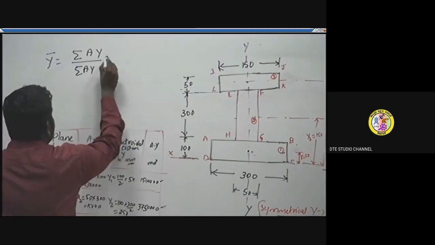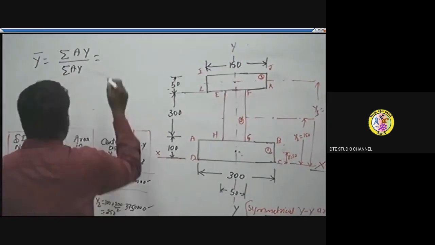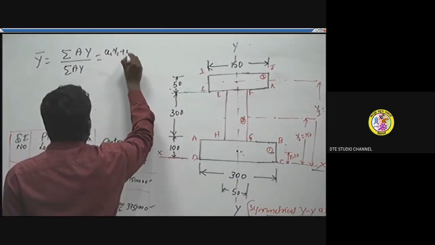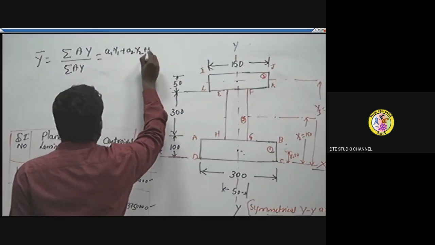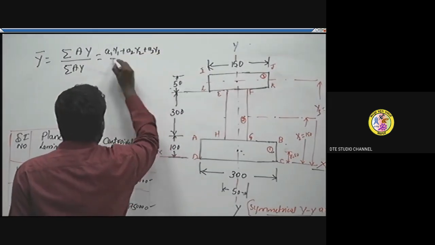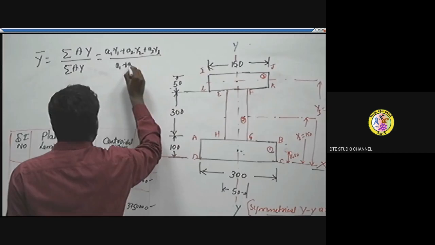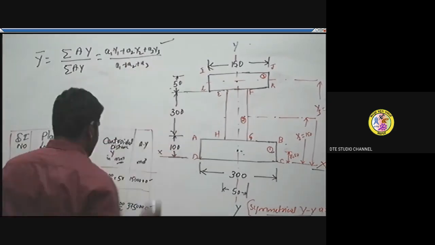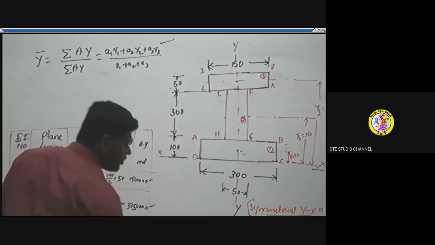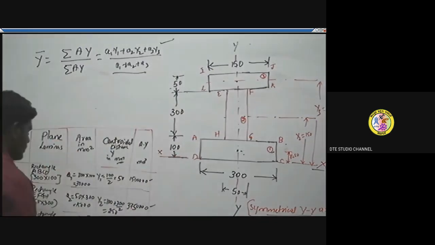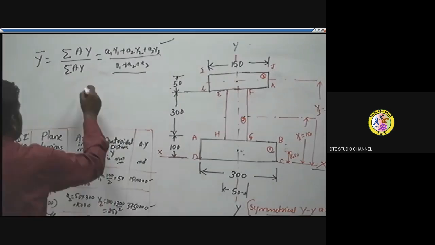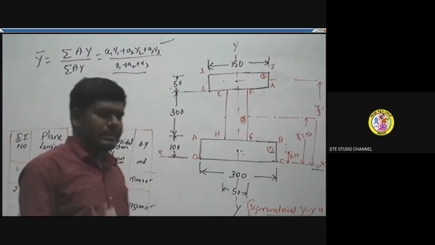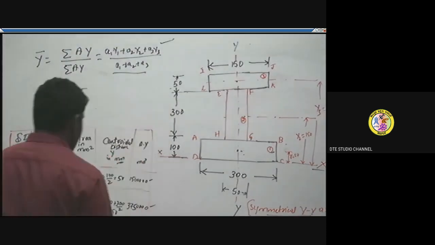So in simple words, A1 into Y1 plus A2 into Y2 plus A3 into Y3 upon A1 plus A2 plus A3. So this value A1 Y1 plus A2 Y2 plus A3 Y3 is done here, and then the total area is calculated here. Just substitute the known values in the above equation.